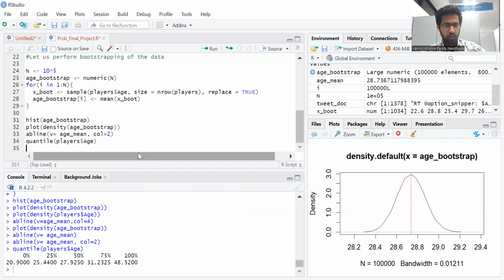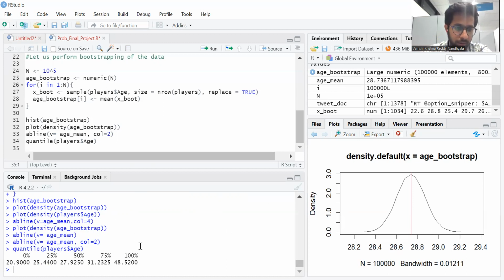What this quantile function does is tell us how much data is present below that particular quantile level. Around 75% of the players lie below the age of 31 years.